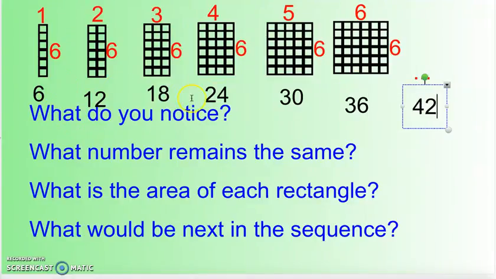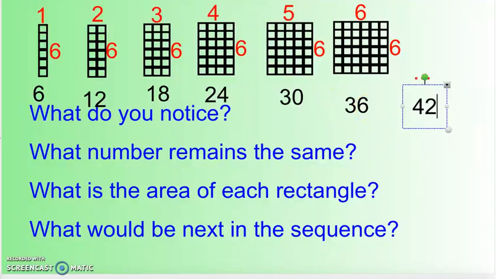Now, how are you getting these numbers? What are you doing to find each of these numbers? Okay, those of you that said, well, you're just adding 6 to each one, you are correct.